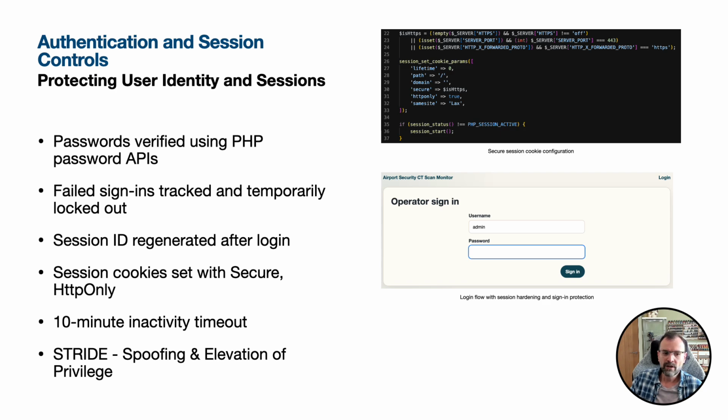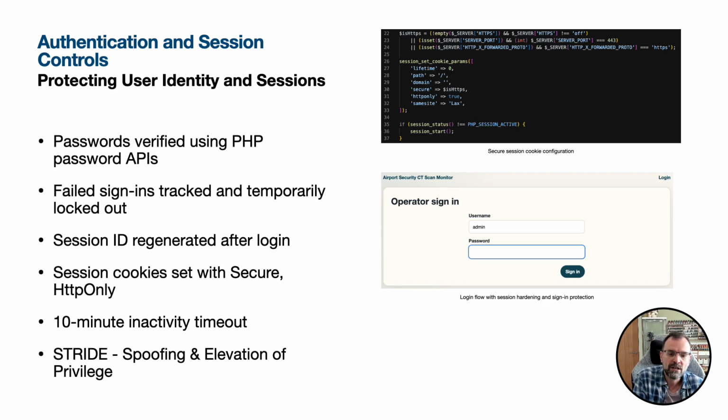Here we can see the login flow using PHP's password verification functions rather than plain text or reversible passwords. Repeated failed sign-ins are tracked and locked out after 5 failures. Also on successful login, the session ID is regenerated to help prevent session fixation attacks. Secure session cookies are used, and the application expires sessions after 10 minutes of inactivity.